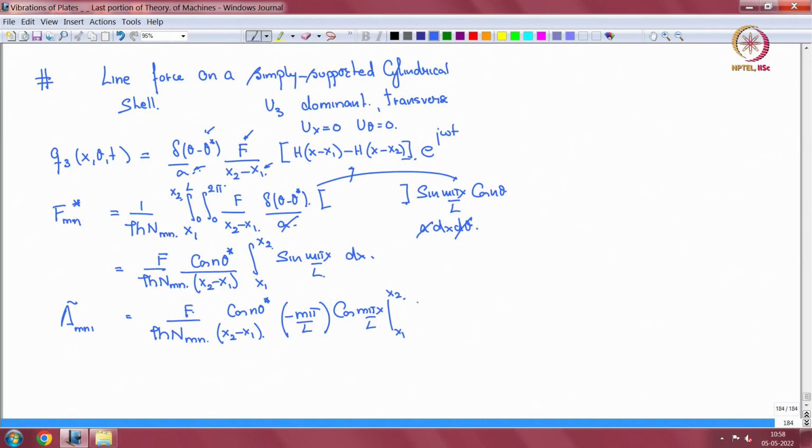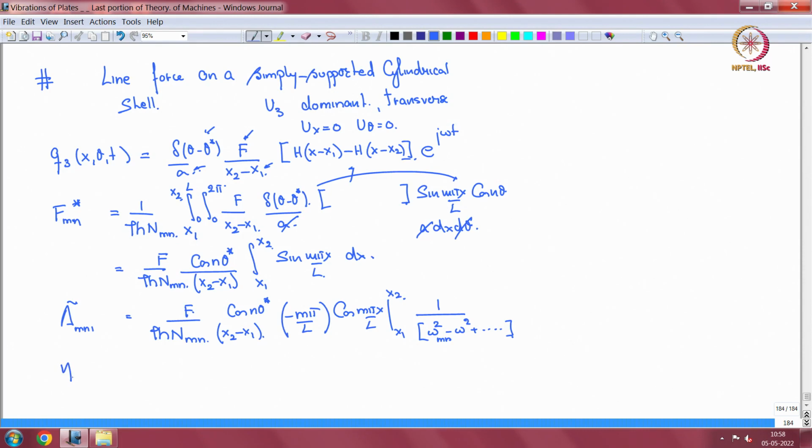Then frequency term 1 over omega square mn minus omega square plus... I hope I didn't miss anything.